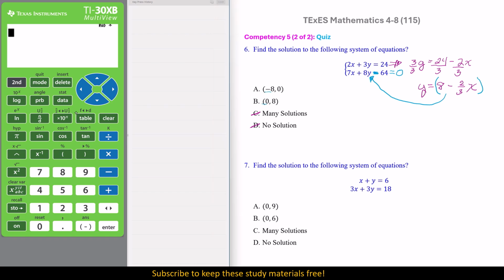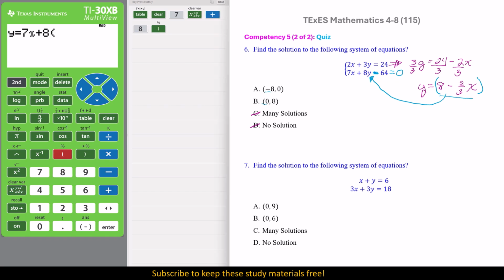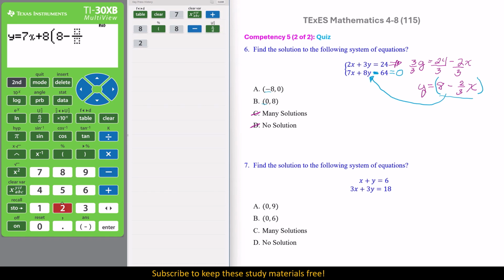All right, let's go to table, clear everything out, and I see we need 7x plus 8 in parentheses. We put in 8 minus, and we have a fraction of 2/3, arrow over, pop in our x and close that. Now we need minus 64.